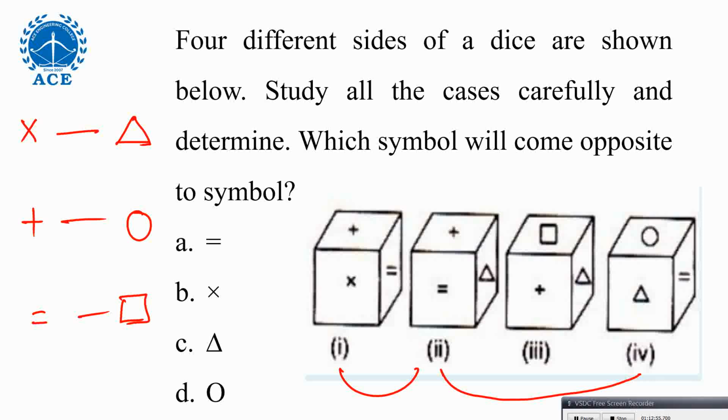The other method I said is, if they ask plus opposite, in the first diagram, what is adjacent to plus? In the first diagram, multiplication symbol, equal. In the second one, what is adjacent to plus? Equal already written. Triangle. Next one, what is adjacent? Square and triangle, square. Now, 4 adjacent sides came. Whatever is left over must be, circle must be opposite.